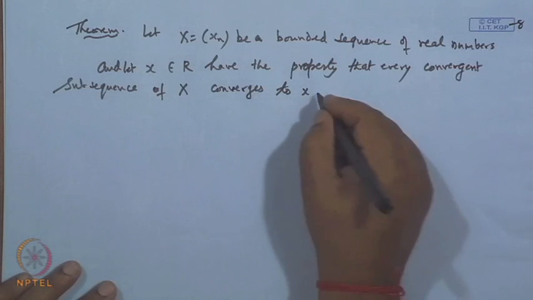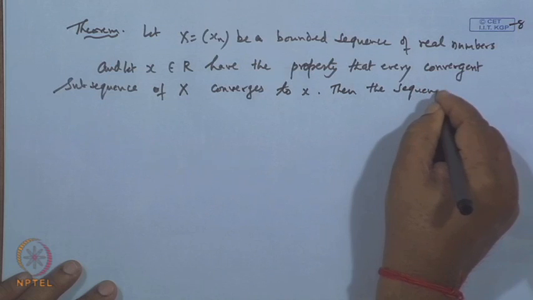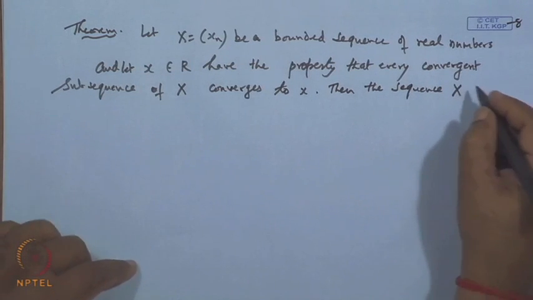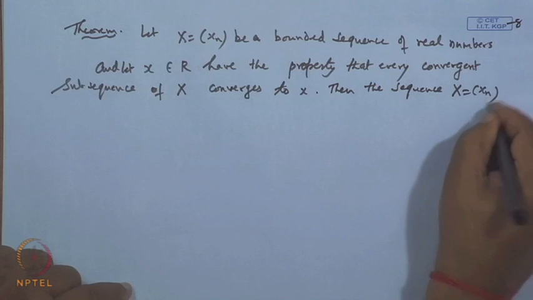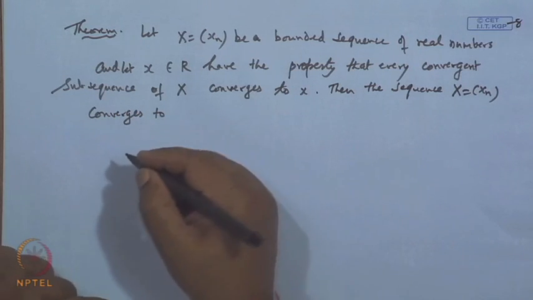Then the sequence X, which is x n, converges to x.